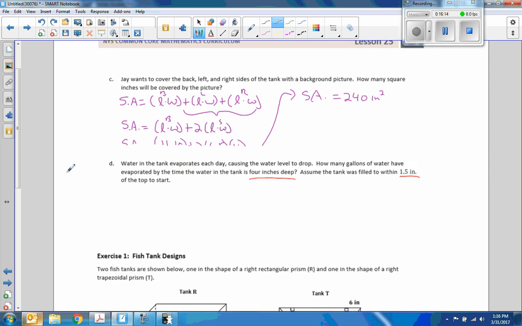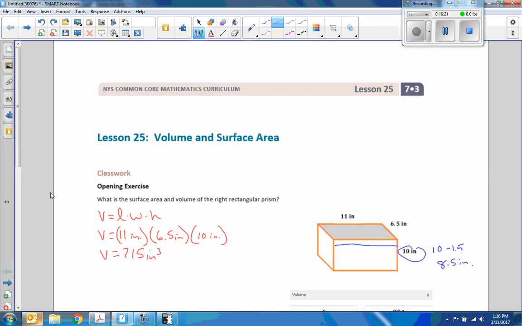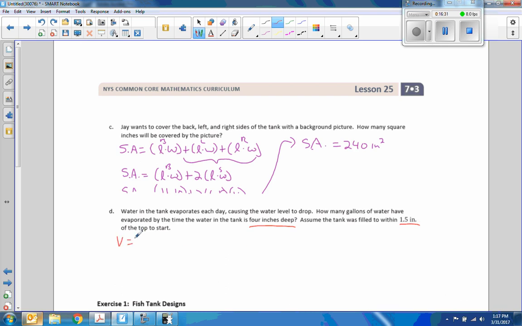Okay, so I'm trying to think. The volume of the water when it's 4 inches deep would be, so I want the length times width, 11 times 6.5, and the height is 4. 11 times 6.5 times 4. Length times width times the 4 inches of water. Again, I should be writing inches here, so let me rewrite this.